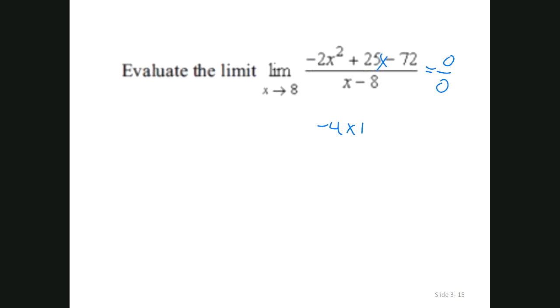I think it must have to be. And so then I would just take the derivative, and I get negative 4x plus 25 over 1. And then just put the 8 back in. That's negative 40 plus 25, that's negative 15 over 1. And that would be my answer.